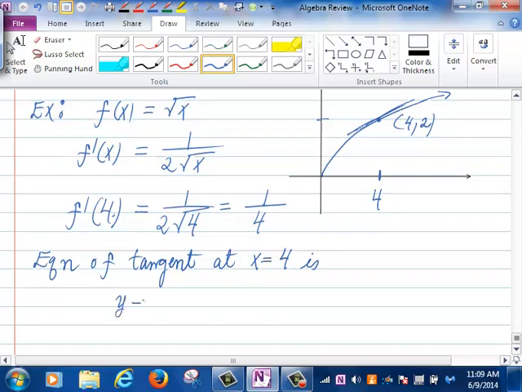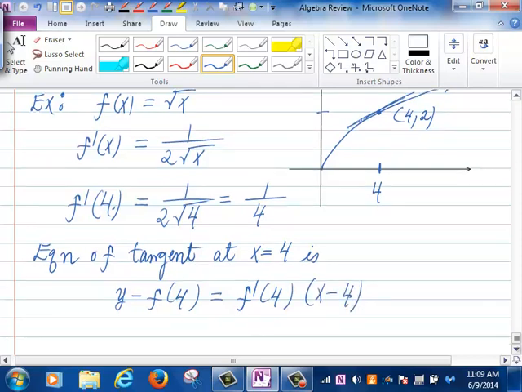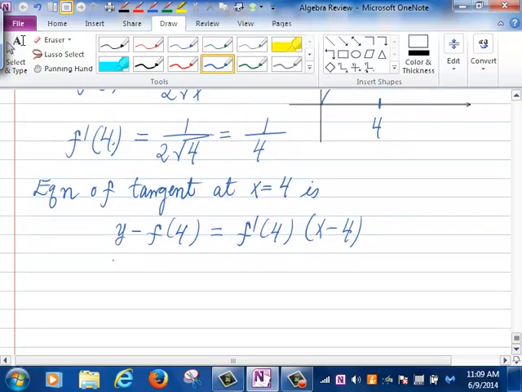Y minus f of 4 is equal to the derivative of the function at 4 times x minus 4. And we know that f of 4 is 2. The derivative at 4 is 1/4, so that's the slope. And I get x minus 4. So that's the equation of the tangent at 4.